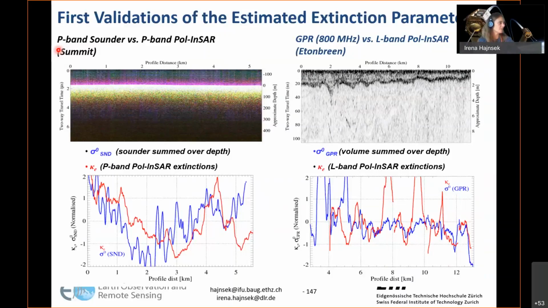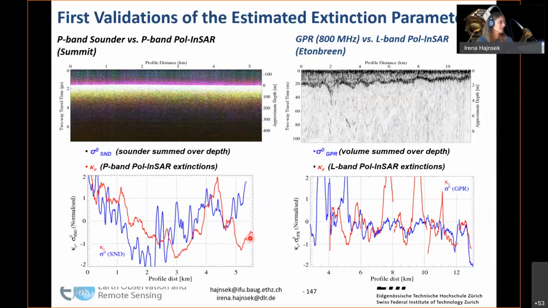And we were comparing this with P-band, and we were also comparing this with the L-band GPR. You see not a lot of correspondence, right? Sometimes we see a little bit of a trend that could fit, but here it is going completely out of order.